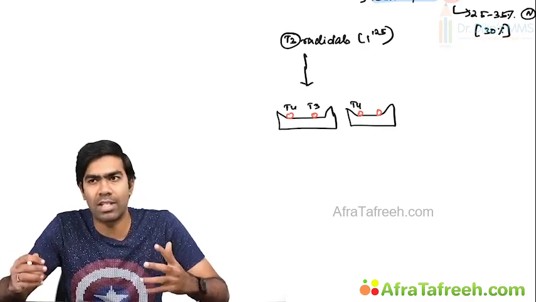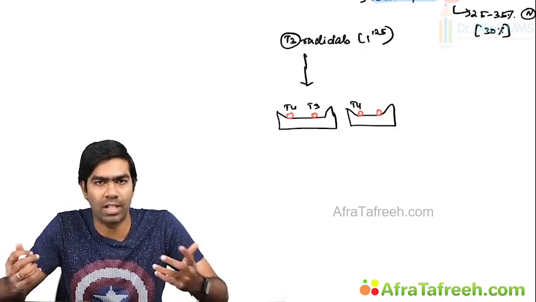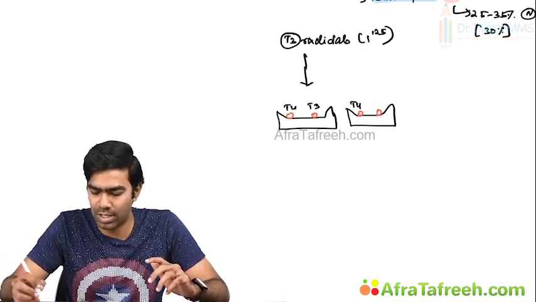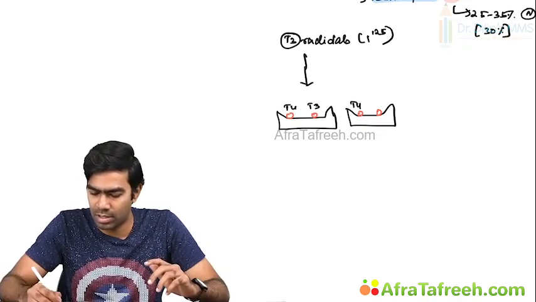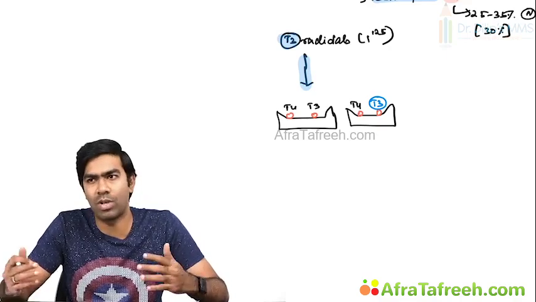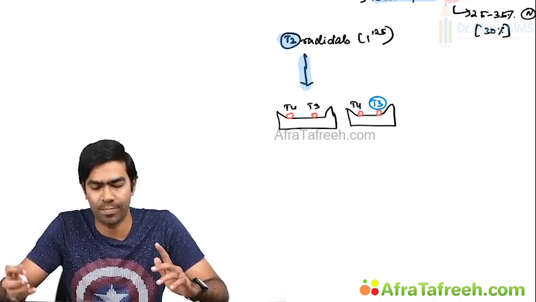But there will be some binding pockets that will be free in the TBG present in the sample. So this radiolabeled T3 will bind to the pockets that are free, and once the binding sites are saturated, some will remain free.